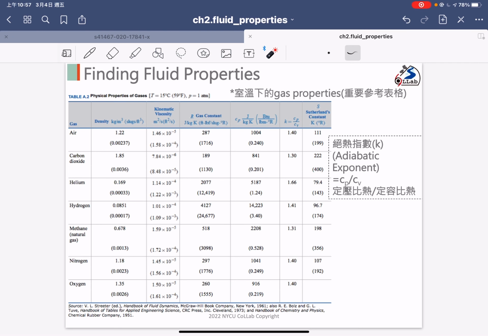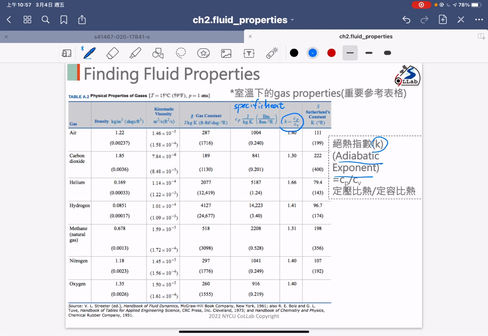And the final two thermal properties are the specific heat, and the K here is the adiabatic exponent K. It's Cp divided by Cv.